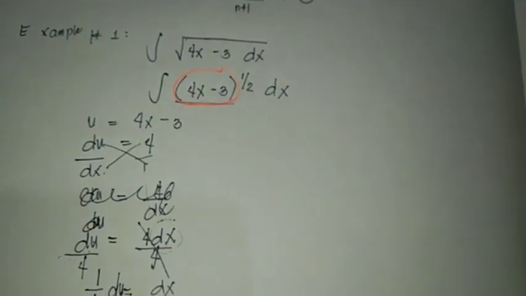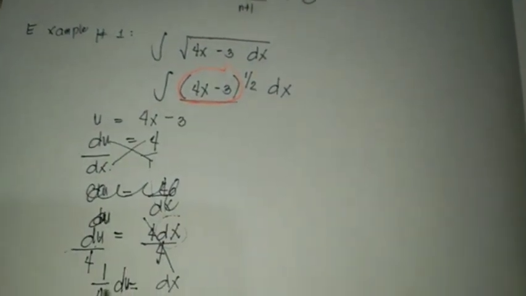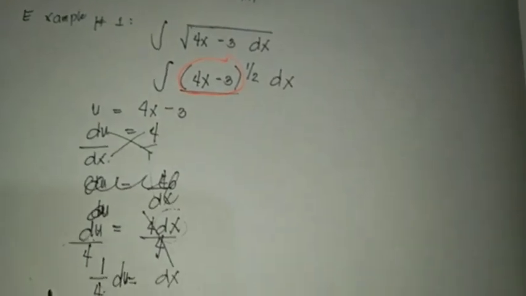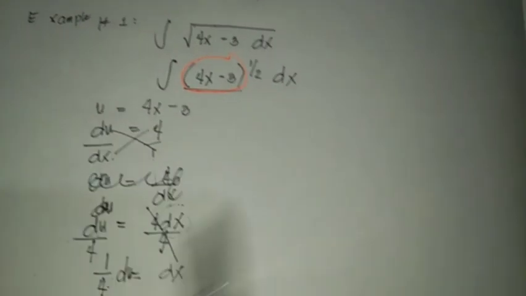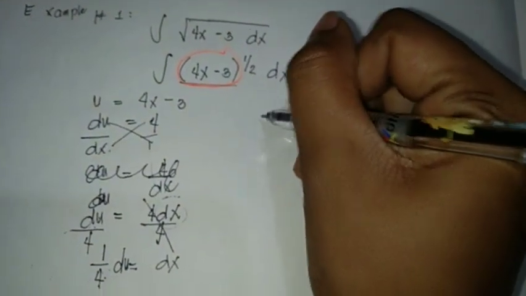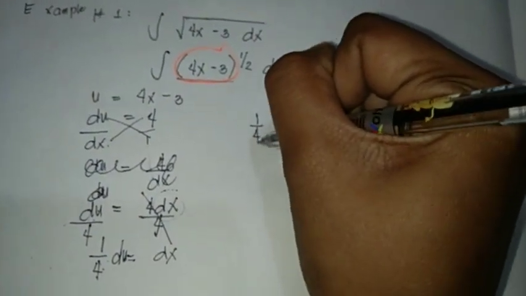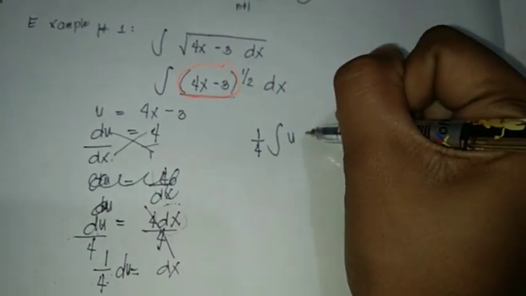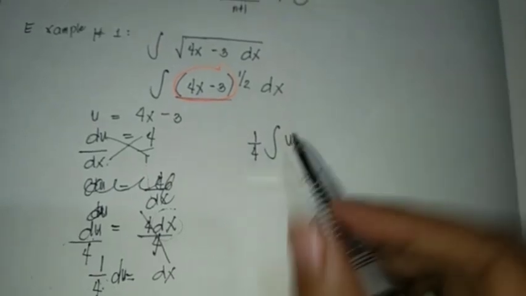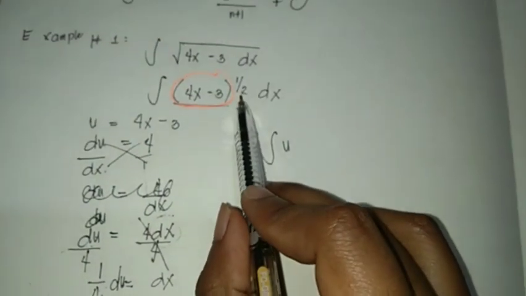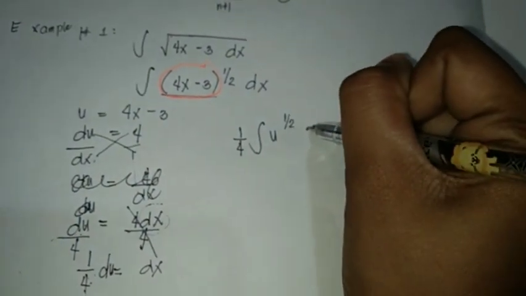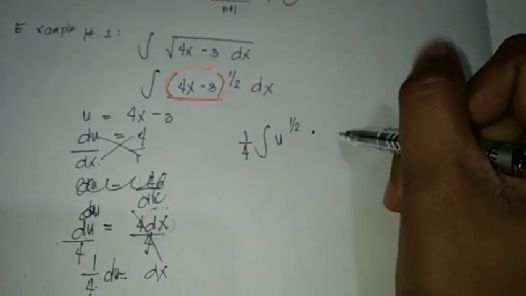As in our past discussion of the indefinite integral, we need to put the whole number outside, in front. So we write it this way: 1/4 integral of u, copy our exponent 1/2, times du.